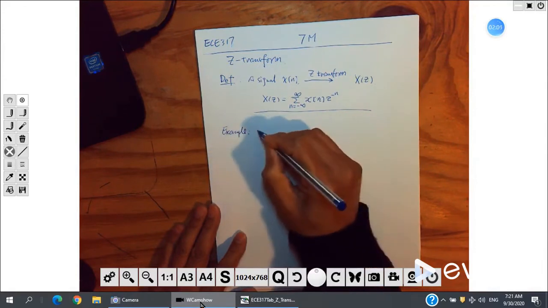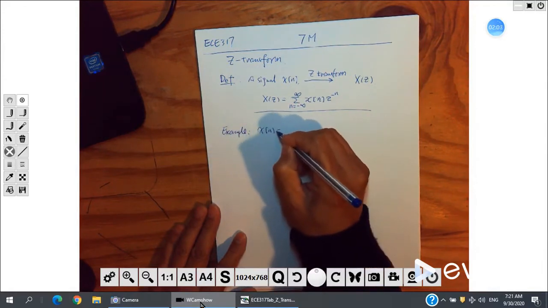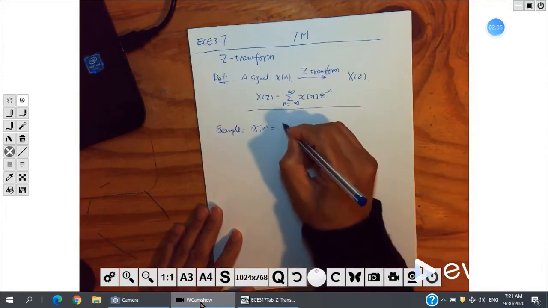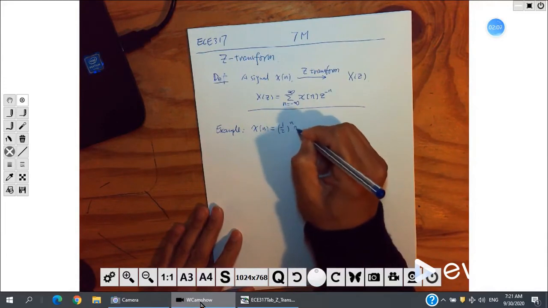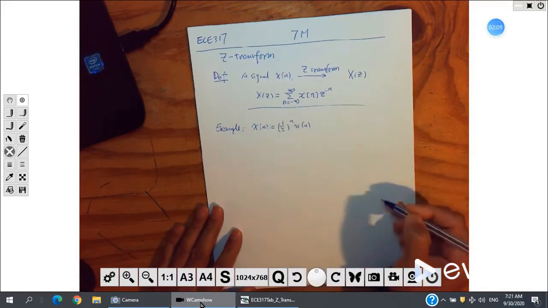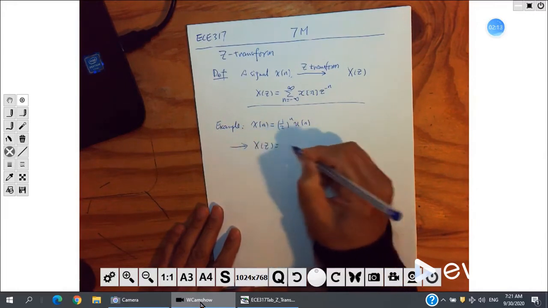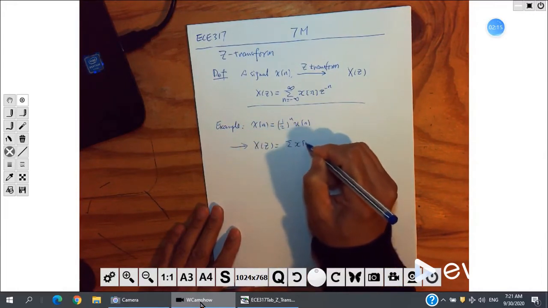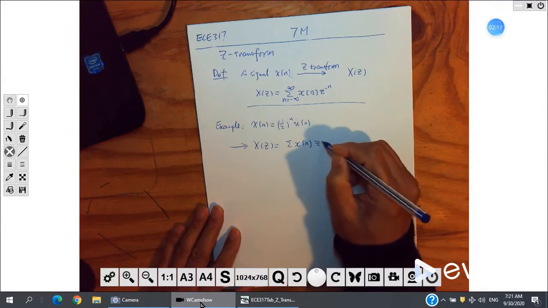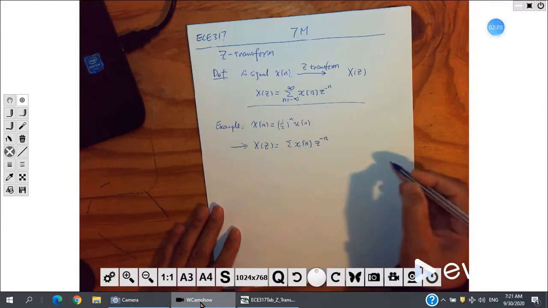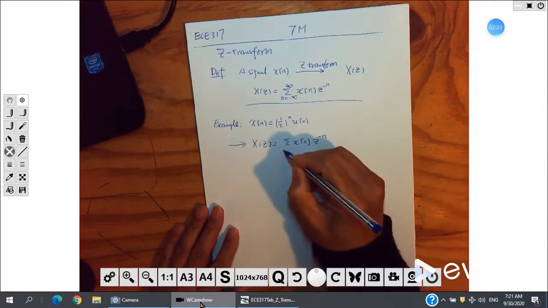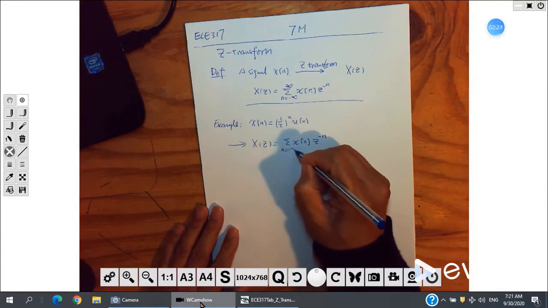And we consider an example, like x of n equal to 1/2 to the n times u of n. Then we have capital X of Z, the summation of all of these x of n, each one you need to multiply by z to negative n, with n running from negative to positive infinity, right?